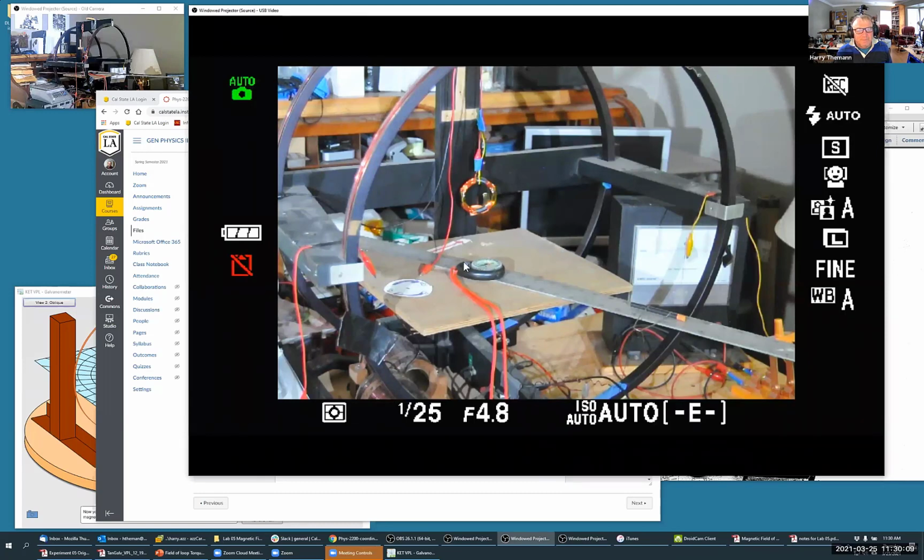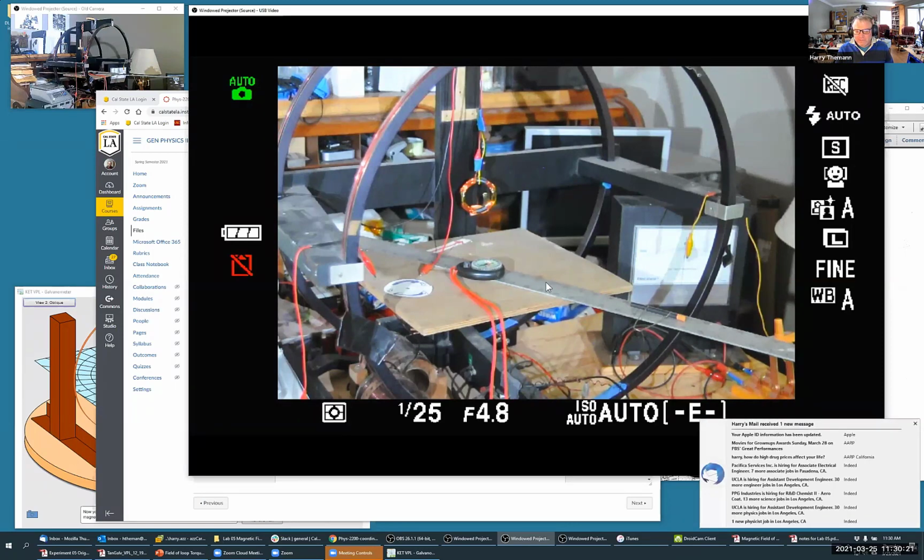I've set up, and I apologize, I don't know if you guys have the original lab manual. I just put it up on Canvas. So I got this thing set up to do the last part of the original lab.